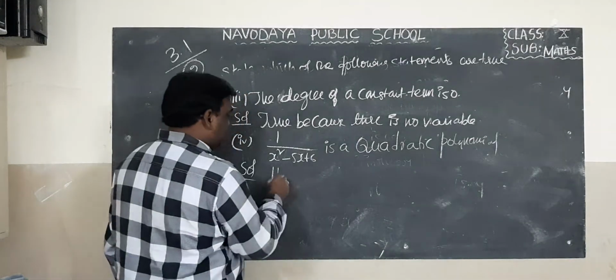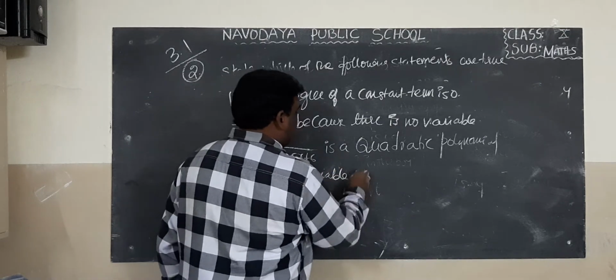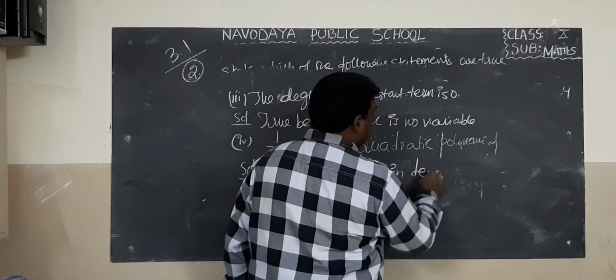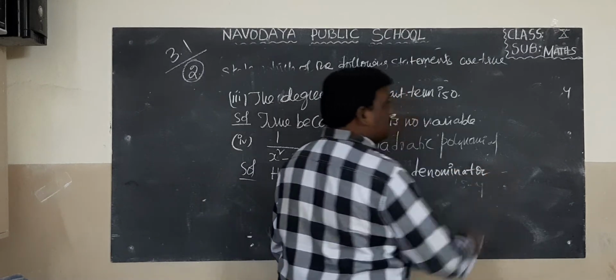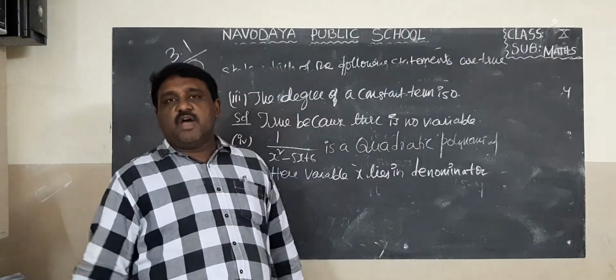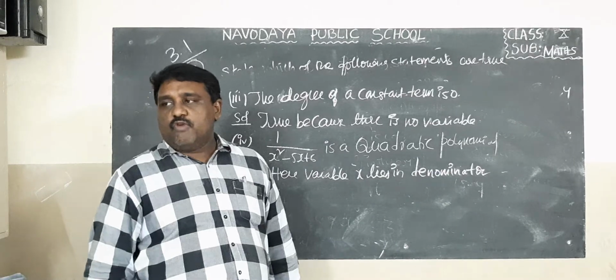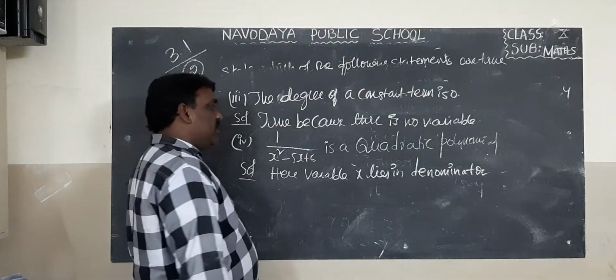So here variable x lies in the denominator. Variable lying in the denominator is not a polynomial.